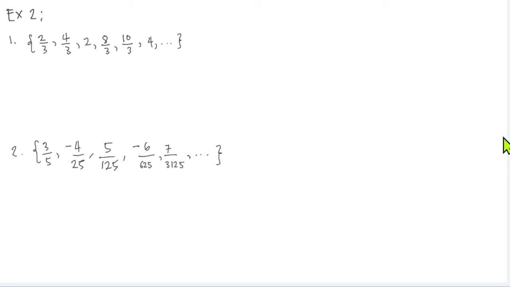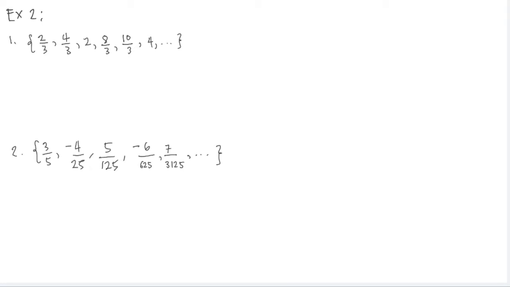So let's look at the first example. The first term is 2 over 3 and the next term is 4 over 3. There are a lot of ways to get 4 over 3 from 2 over 3. You can multiply or add, but the next few terms will give us a determinate way to determine the formula.